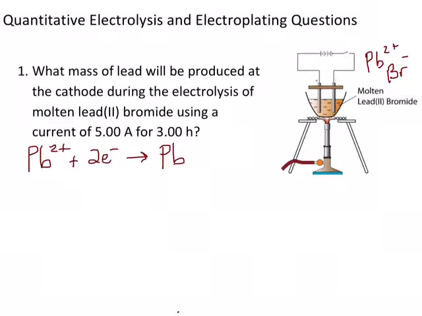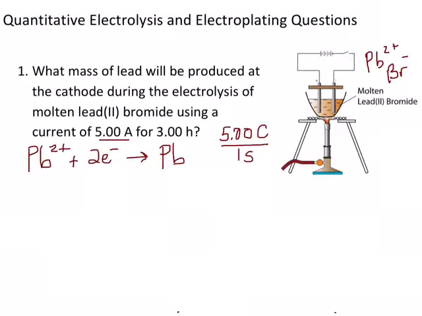So for every 1 mole of lead that forms, 2 moles of electrons would have to be used up. We also see the current, 5 amps, and we know that that current means that there's 5.00 coulombs of charge for every 1 second. The current is how fast the charge is flowing through our system.